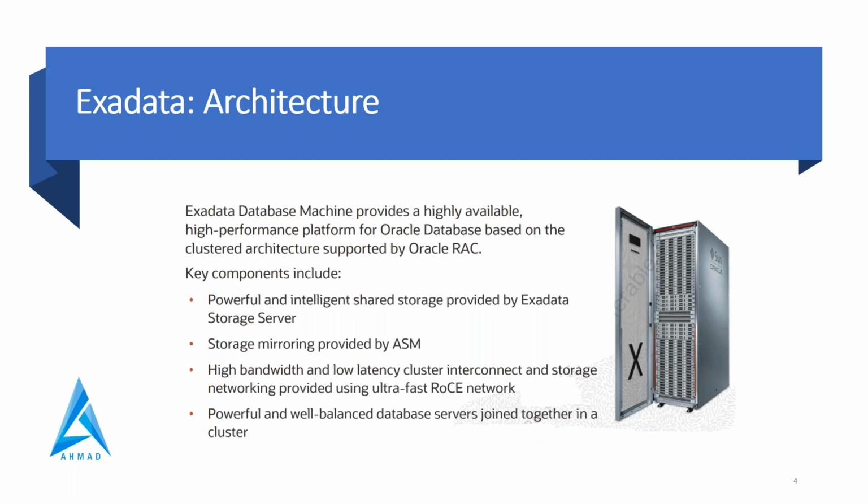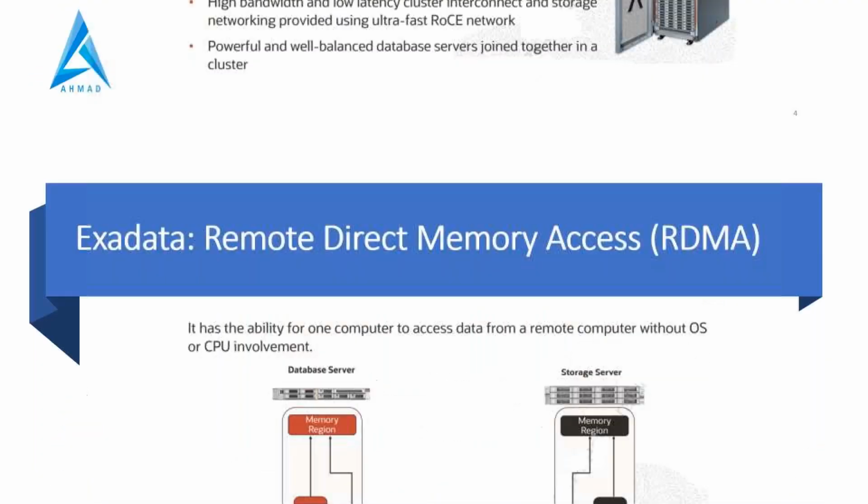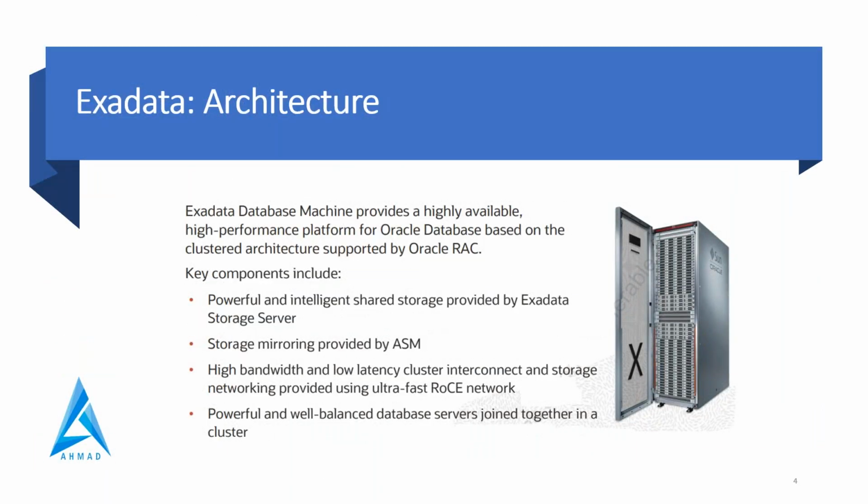And server cluster is the third element and component of Exadata architecture. The database servers in Exadata are designed to be powerful and well balanced so that there are no bottlenecks within the server architecture.